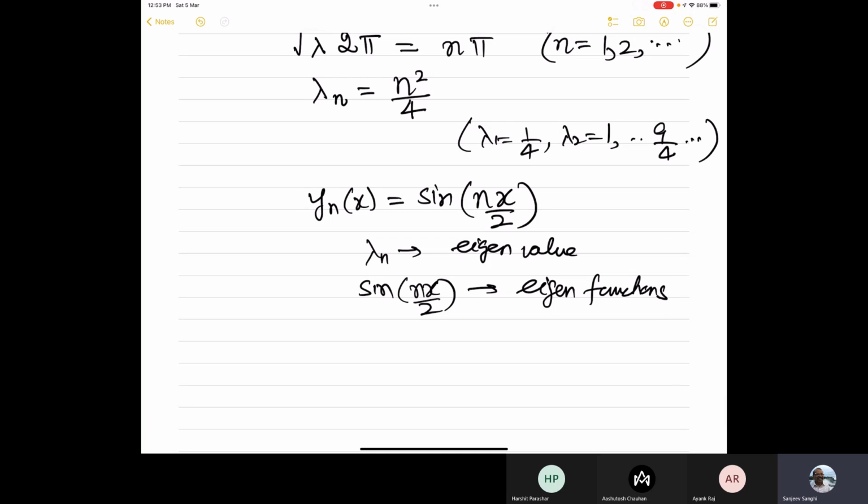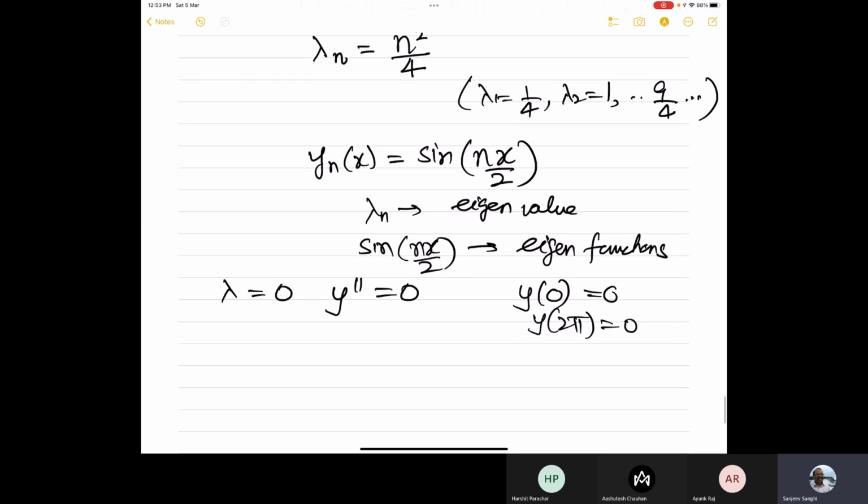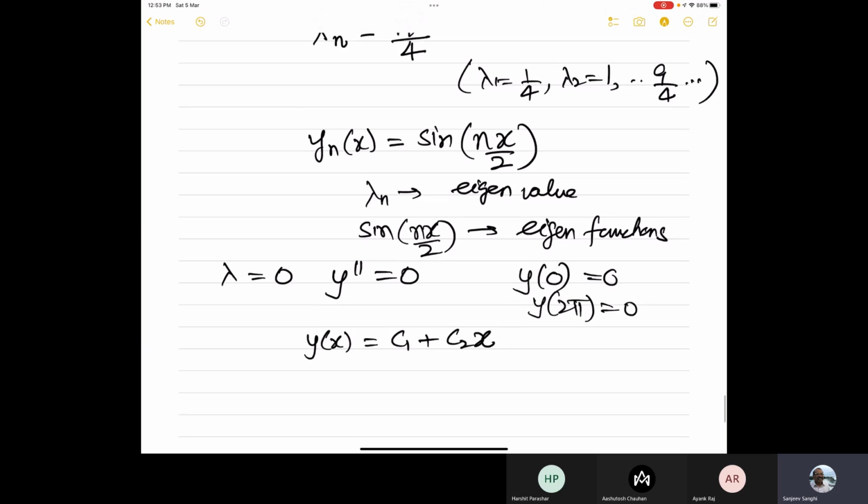Okay, if we look at the other two cases, we look at lambda is equal to 0. This will give us y double prime is equal to 0. And then we put y of 0 is equal to 0, y of 2 pi is equal to 0. And here we will get y of x is equal to c1 plus c2x.